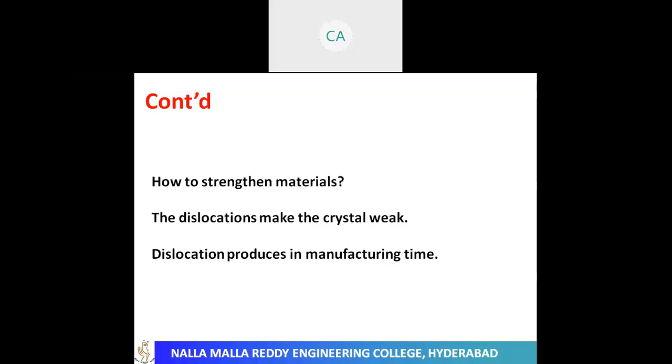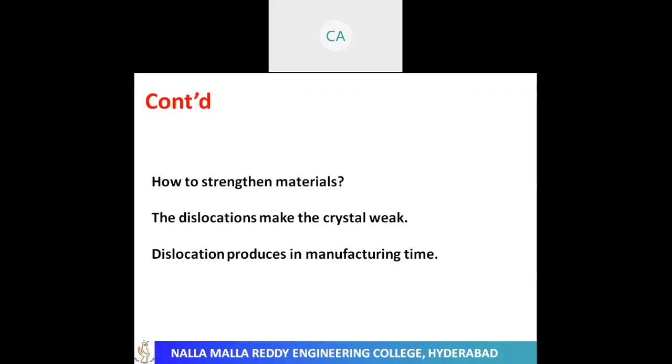Careful experimental control can sometimes produce a dislocation-free crystal, but that is done on a laboratory scale and in a smaller crystal, and it's not very practical. So, removing the dislocation is not a practical suggestion.